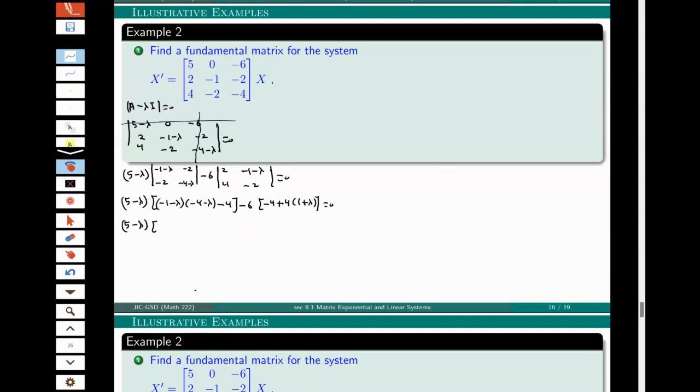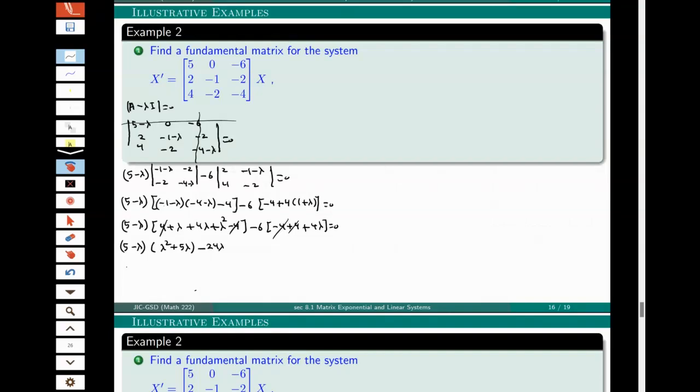Here I have minus times minus 4 is a plus 4, minus times minus lambda is plus lambda, plus 4 lambda, plus lambda squared minus 4. I have here minus 6, minus 4 plus 4 plus 4 lambda. Now that will be nice because plus 4 minus 4 is 0, so I'll have 5 minus lambda times lambda squared plus 5 lambda, which is great. I have here minus 6, again minus 4 plus 4, so I will have 4 times minus 6 is minus 24 lambda.